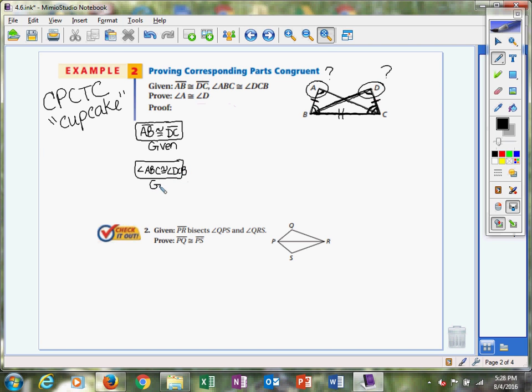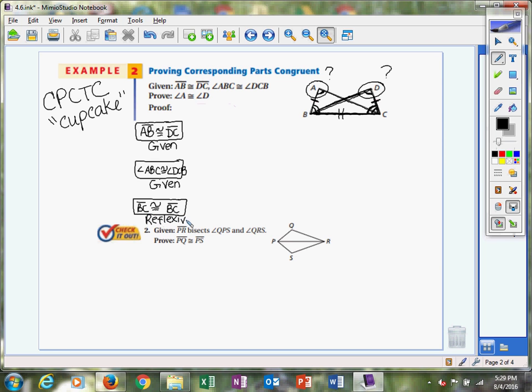That's given. Now, we're not going to draw arrows connecting those two because one does not lead to the other. They are separate entries. The third entry I'm going to put here: segment BC is congruent to segment BC because of the reflexive property.